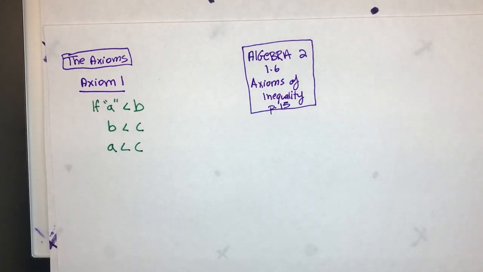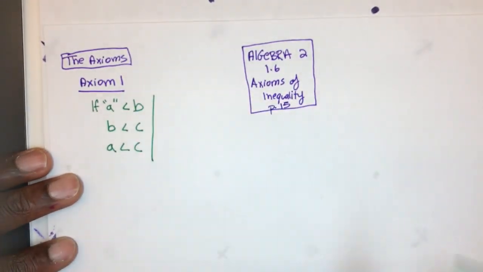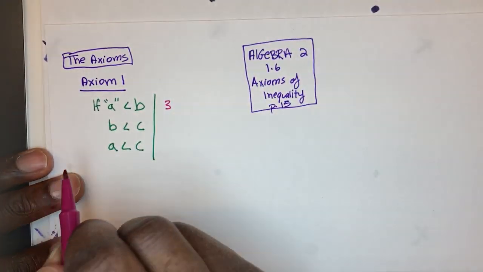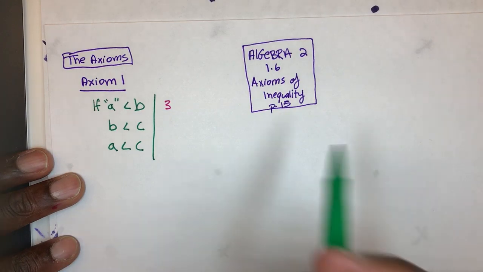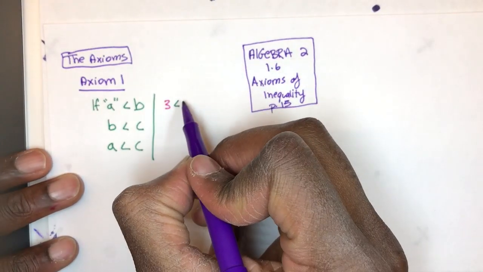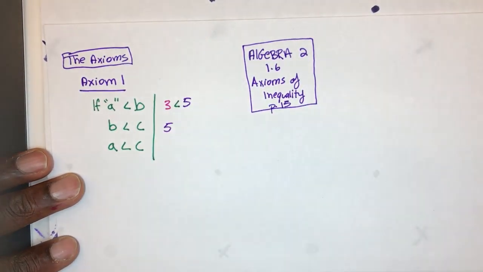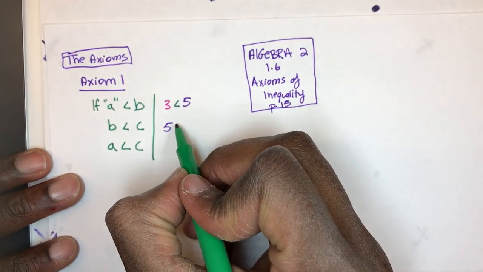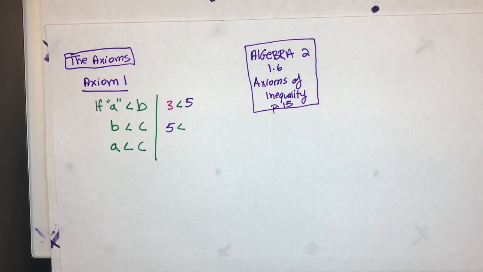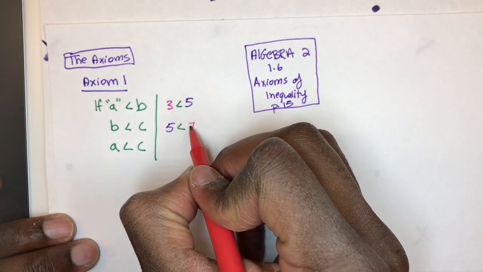So you're saying to yourself, what the heck? All right, so basically, here's what you got. You've got some number a, right? Let's call it 3. A is 3. And you say, oh, a is less than some number, like, I don't know, b is 5, right? 5 is obviously less than some number c, let's go with 7.